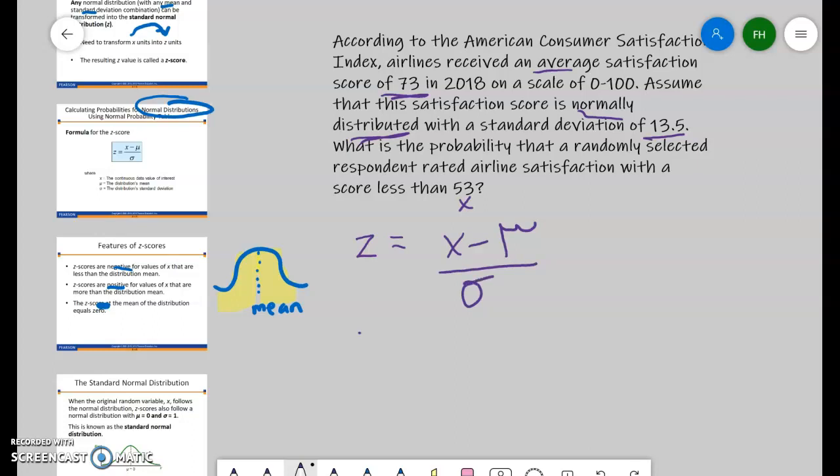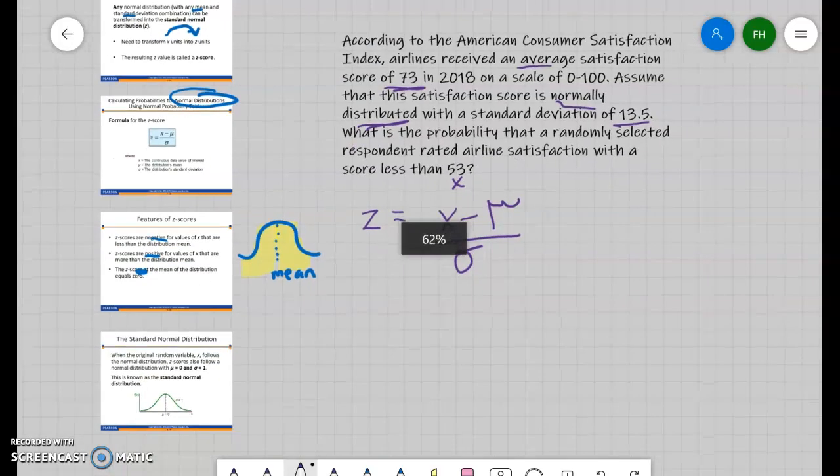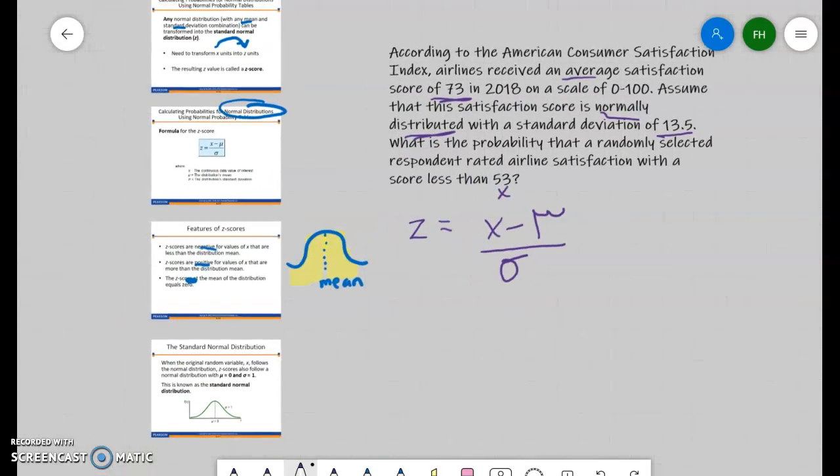So here, x, let me leave this up. So we said x is 53 and our mean is 73. And our standard deviation is 13.5.